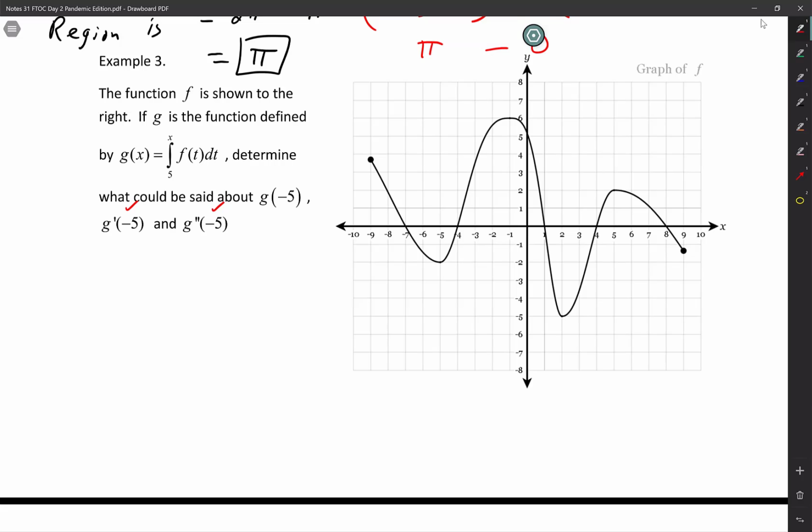I do not see this one having an exact value, but I can tell you whether it's positive or negative. So let's see. g of -5 equals the integral from 5 to -5 of f of t dt. So I go to -5 and I go to 5.